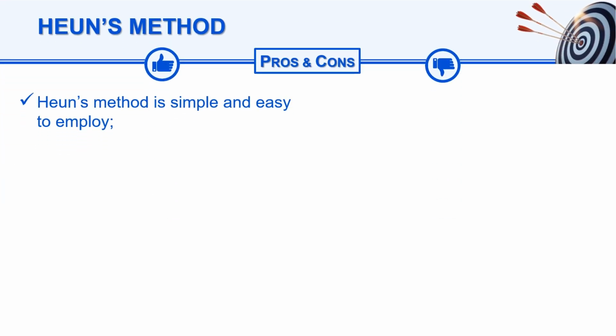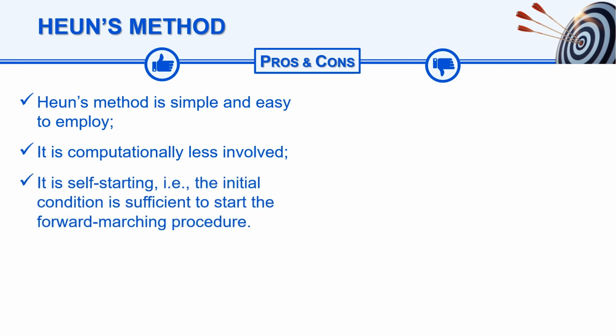The advantages of Heun's method are: Heun's method is simple and easy to employ. It is computationally less involved. It is self-starting, i.e., the initial condition is sufficient to start the forward-marching procedure.